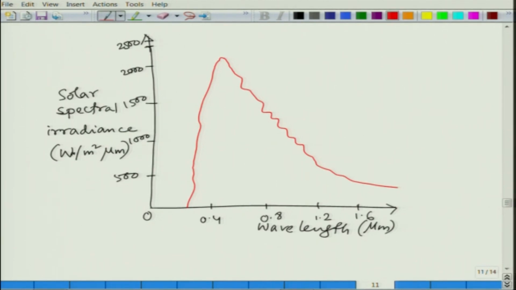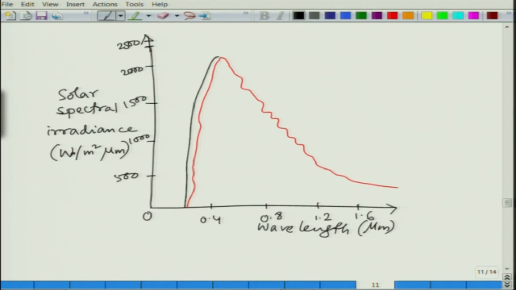Okay. Now, if we compare this solar spectrum with black body radiation at 5762 Kelvin, it closely matches, you can say, or it goes off.